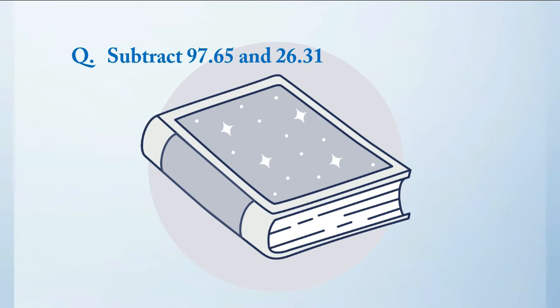Now we are going to start our question number 1. Here we have to subtract 97.65 and 26.31. We'll copy the decimal numbers below their place values, 97.65, and we copy the second number below the first number with the decimal point lined up, 26.31.